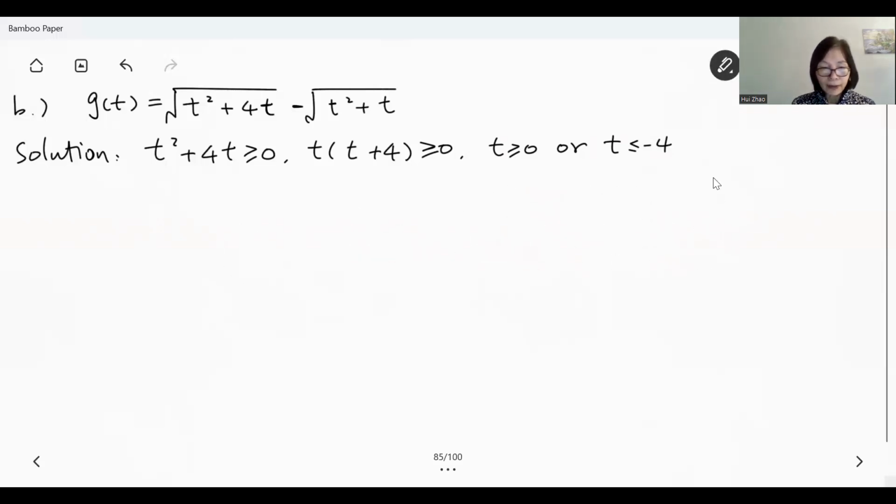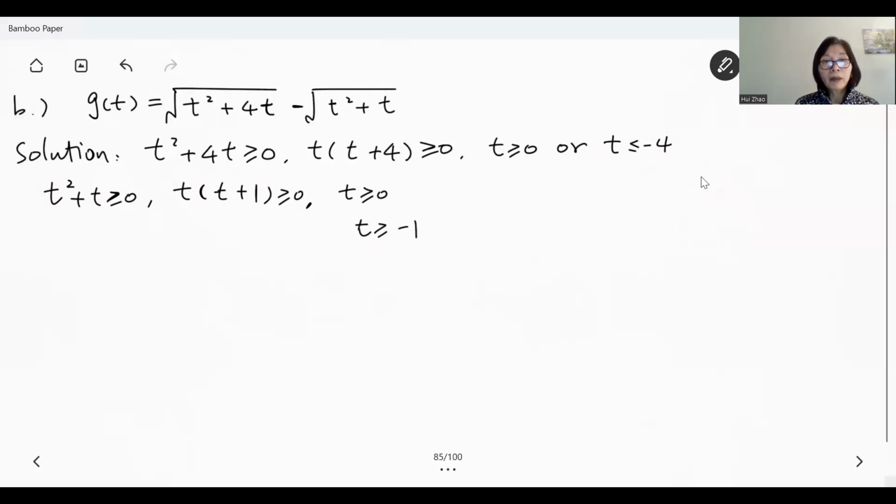Similarly, for the second term, t squared plus t is more than or equal to 0. That means t times (t plus 1) is more than or equal to 0. So the first situation is both more than 0, right? So it's t more than 0 and t more than -1.